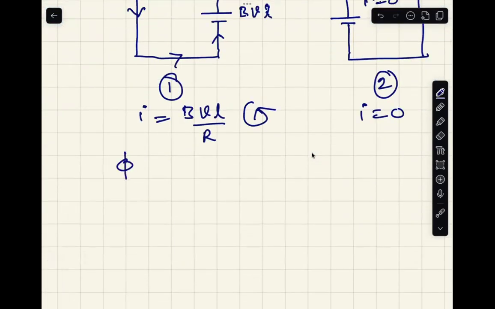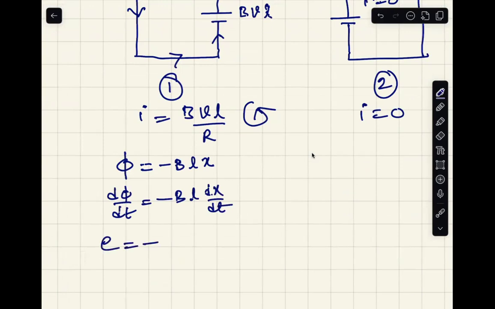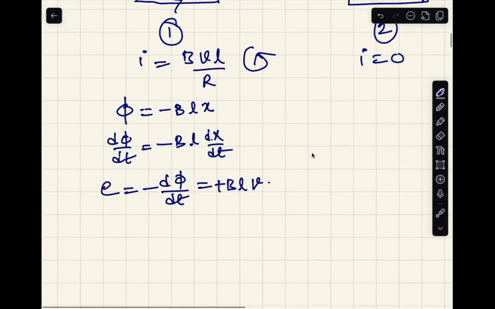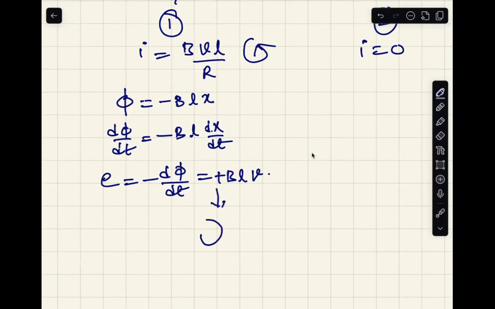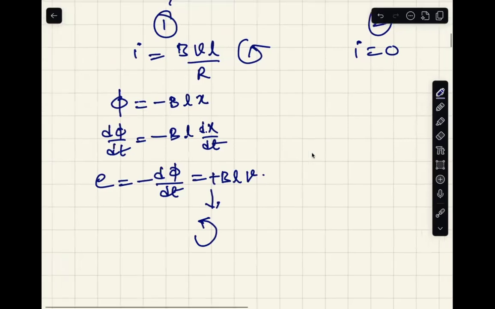What is the flux linked with this? Minus BLx. Negative flux. What is dφ by dt? Minus BL dx by dt. EMF is minus dφ by dt. Plus BLv. Whenever a plus comes, it means anti-clockwise. Okay, so actually this is the case.